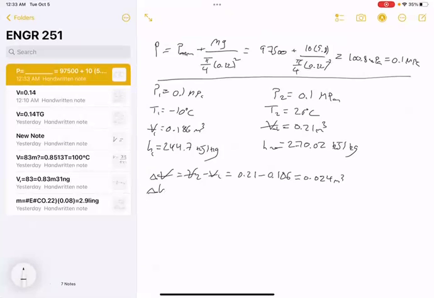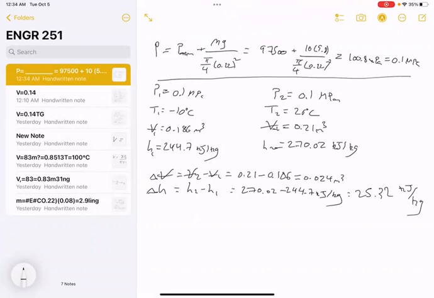And our change in enthalpy is H2 minus H1, which is 270.02 kilojoules per kilogram minus 244.7 kilojoules per kilogram, giving a change in enthalpy of 25.32 kilojoules per kilogram.